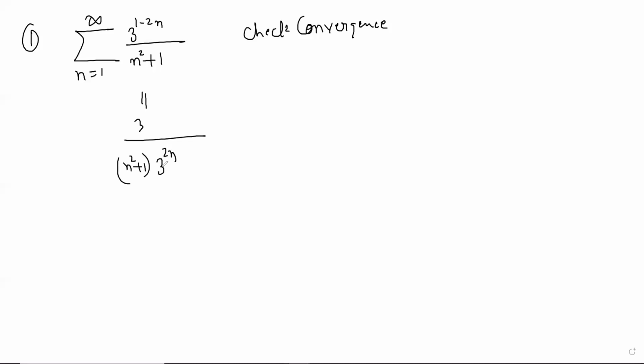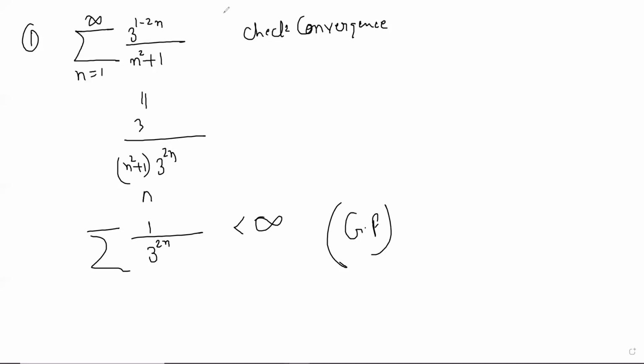Now, just consider 1 by 3 power 2n. That's a geometric series which converges. So a smaller one definitely converges by the comparison test. Sorry, it's even smaller. You're correct. So you see, this is much easier than applying any kind of test.